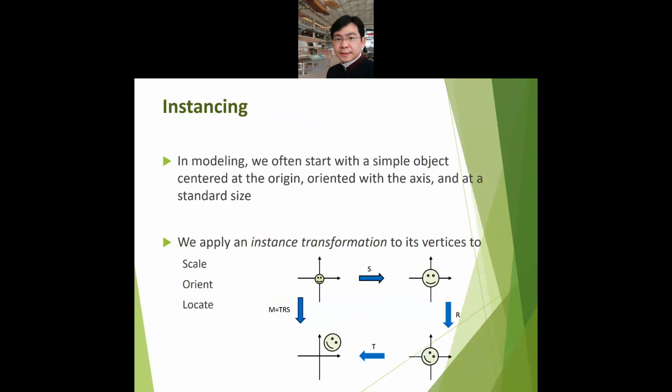So we can start with a simple object, then use rotation, translation, and others, and adjust its size and position. We can base on this idea to control this model. And because we do scaling, as we have mentioned, if you translate to here and then scale, it actually moves to here.